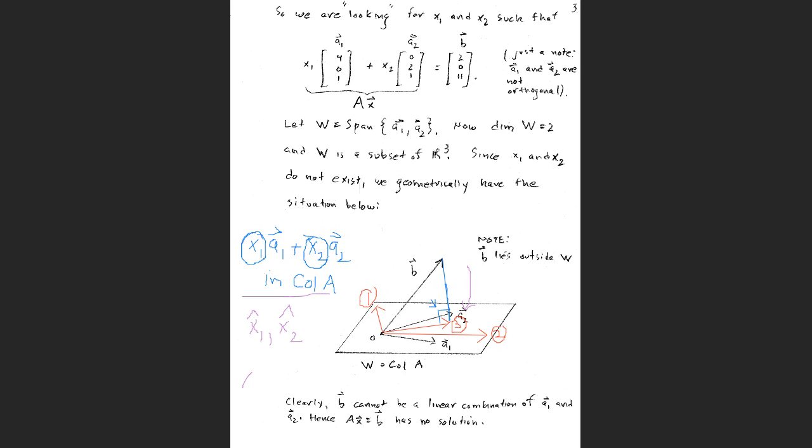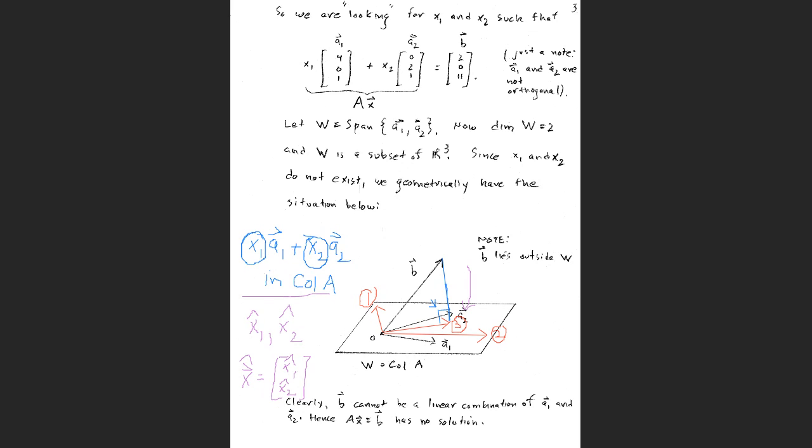And the vector x hat, see, I'm putting a hat above it, which would consist of x1 hat and x2 hat, is what's called the least squares solution. The least squares solution.